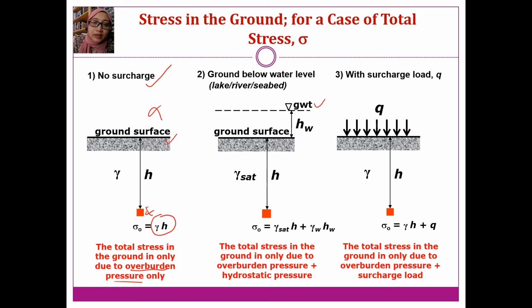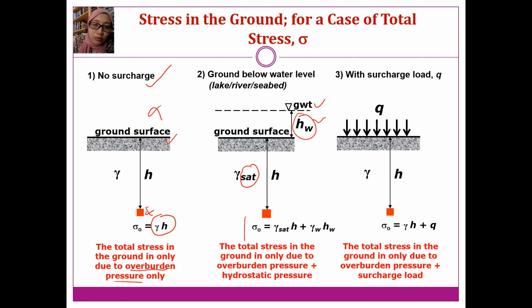We need to identify the height or thickness of the water above the ground surface, and we also need to consider the gamma saturated. Why do we use saturated? Because now the soil of the ground is in wet condition.